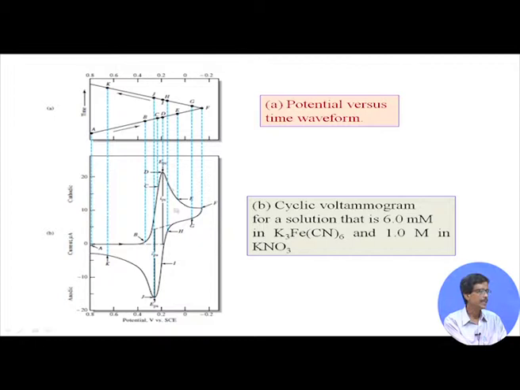One is the point D, another is the point J, and the corresponding current height. So when we scan in this direction from left to right, we get this maxima, that means EPC, which is your peak potential for the cathodic reaction, that means the reduction reaction. EPC is the cathodic peak potential we get over here. So this cathodic peak potential we know.